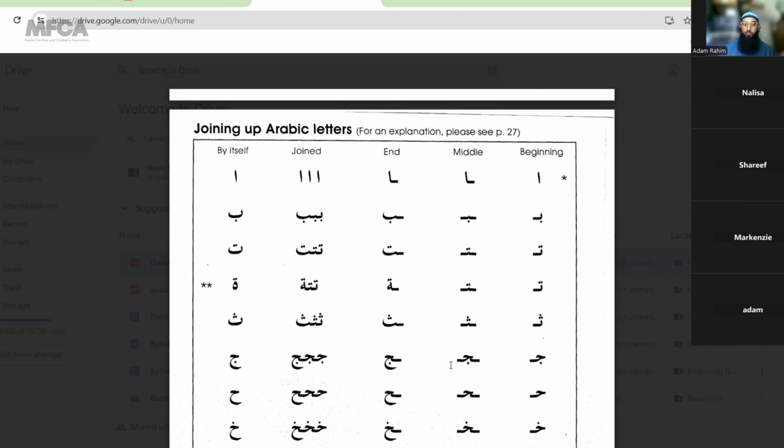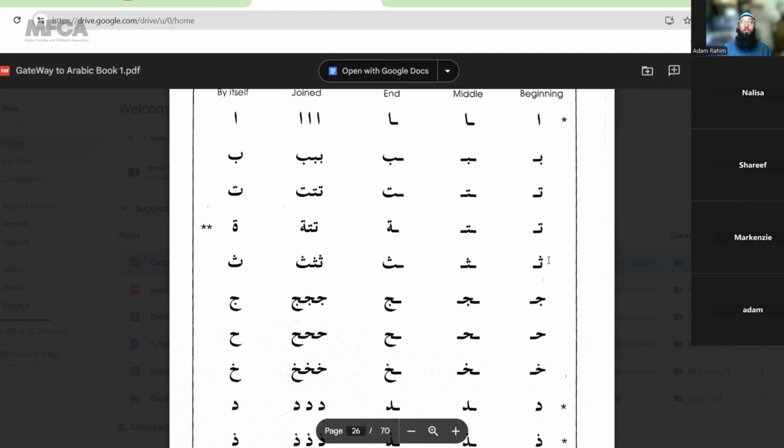We mentioned some homework regarding that. We also mentioned why certain letters have a single asterisk next to them: they are letters that don't connect to that which comes after them. They do not join to anything that comes to the left of them. And we also mentioned if a letter comes before the ta, which is this ta, right?